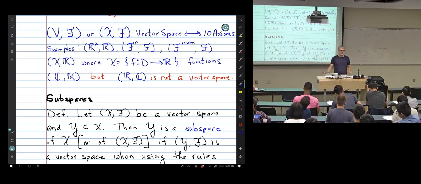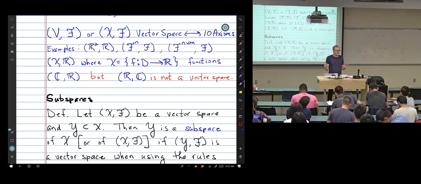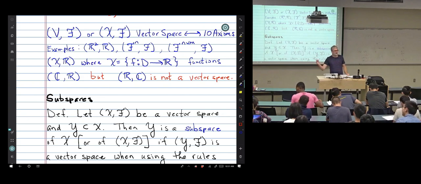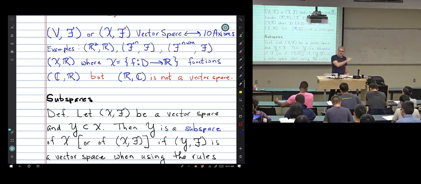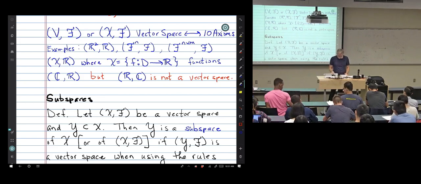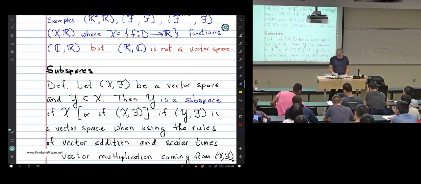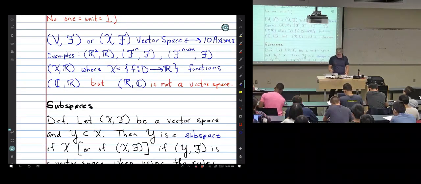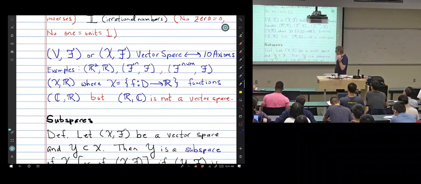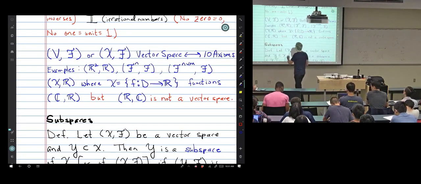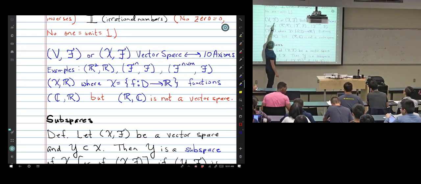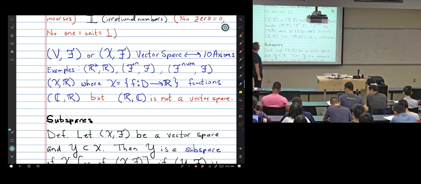And so writing down the axioms and being able to say, I prove something about a vector space and I handle all of those examples, that's a very powerful notion. And so vector spaces have two pieces. They have the set of vectors and the scalars over which you are working. And we'll hit that a little bit more today.